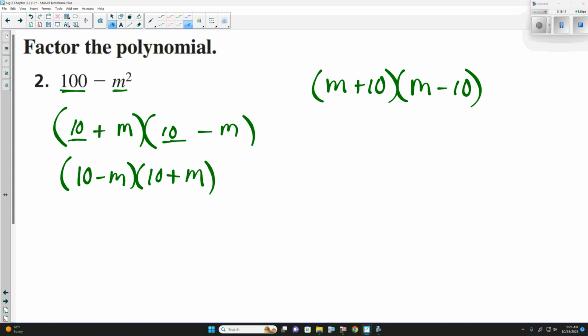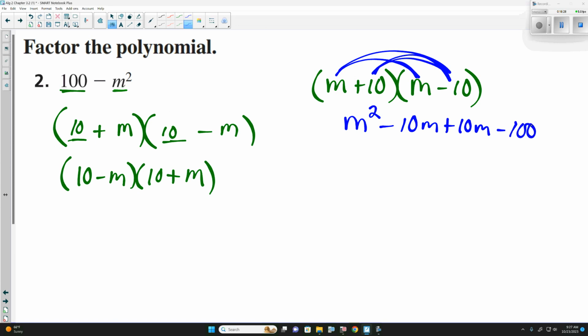Now, the reason this is, and I can multiply this out and show you, because our m times m would be m squared. m times negative 10 would be negative 10m. Because m minus 10 is not the same as 10 minus m.